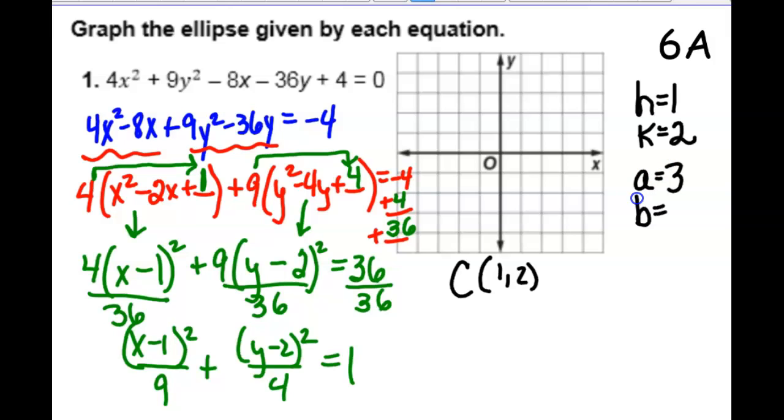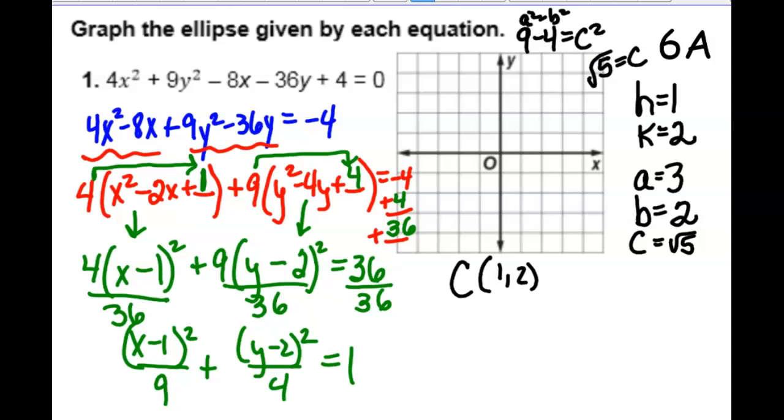B squared is 4, so B is 2. Should we find C before we go any further? A squared minus B squared, so 9 minus 4 is 5. So square root of 5 is C.